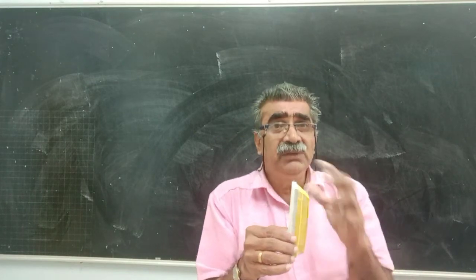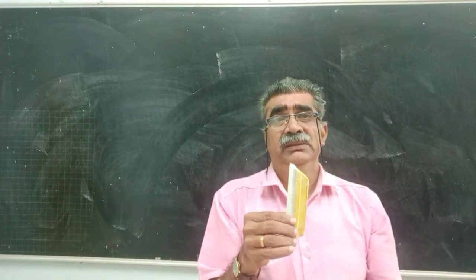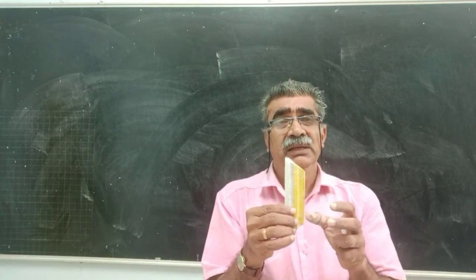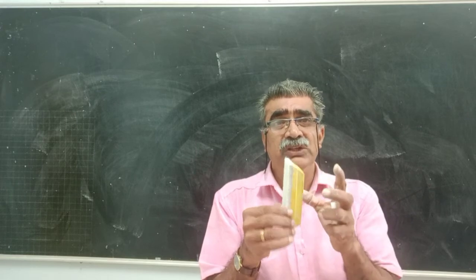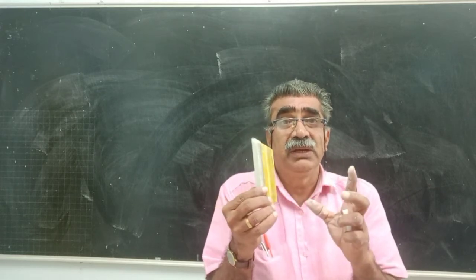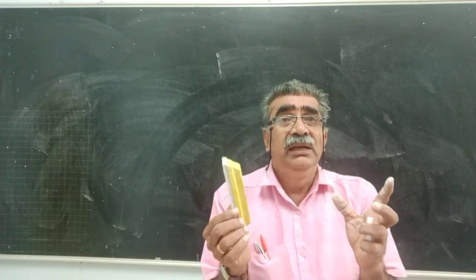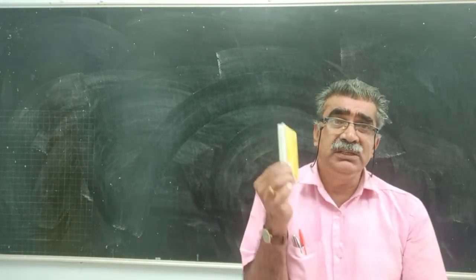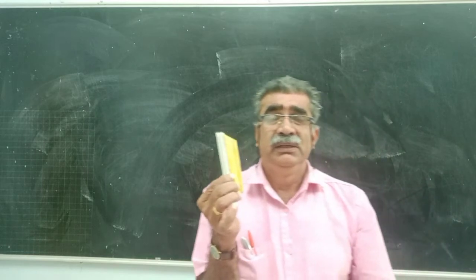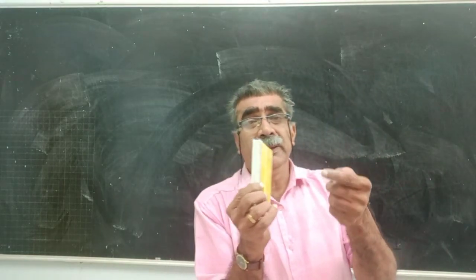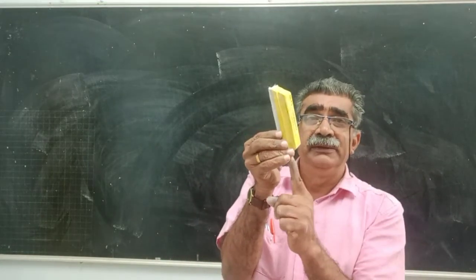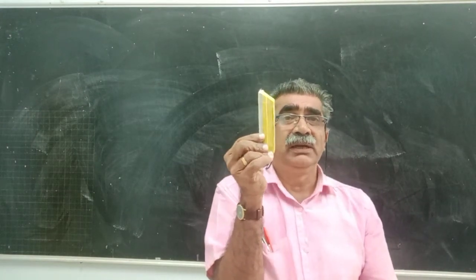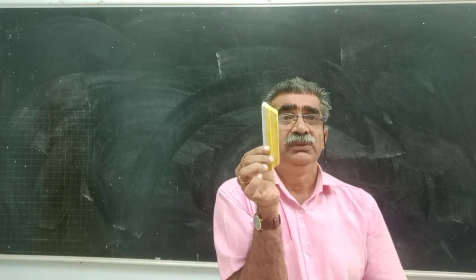Then they cover it with mud or clay. Then they leave the clay statue in a place to dry up. Once it is dried up, they make a hole downside and heat the clay statue.